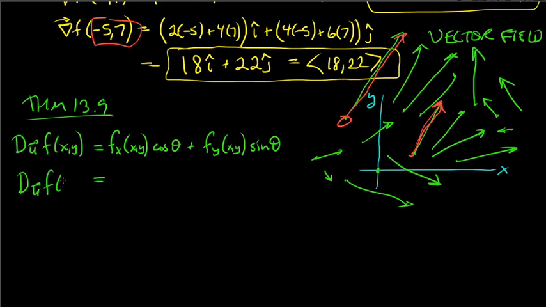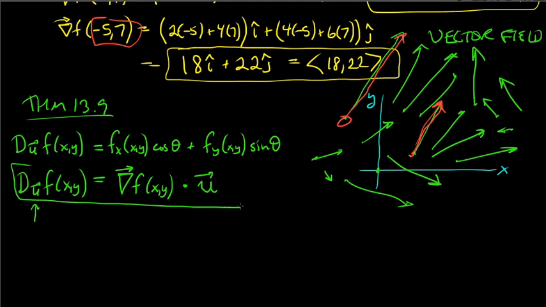If you don't want to deal with theta, and you just want to deal with the direction u as a vector, you can write this as the gradient of the function f, again, at the point xy, and then take the dot product of this vector with the vector u.